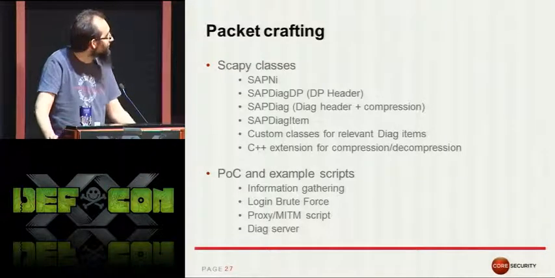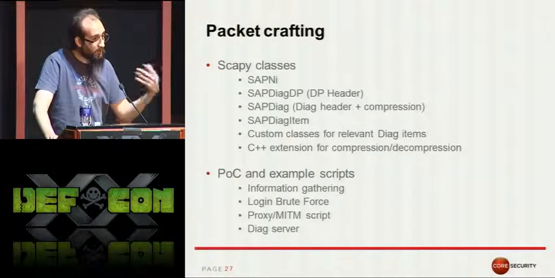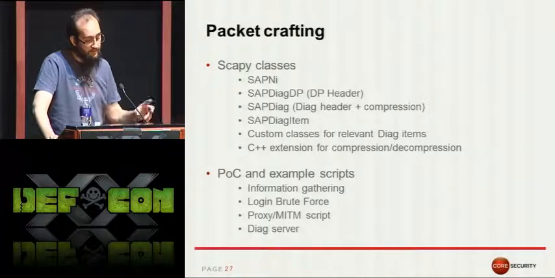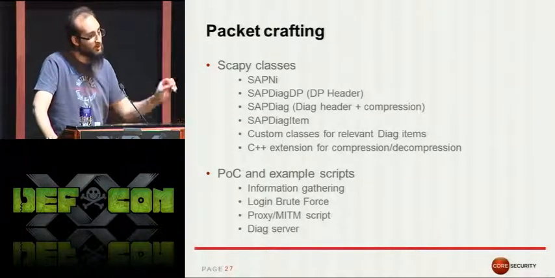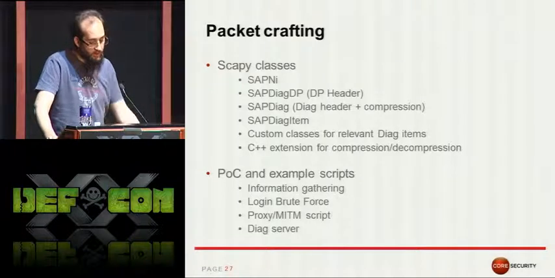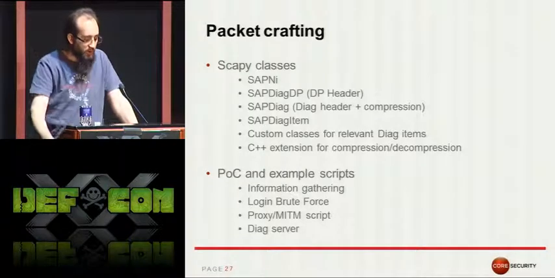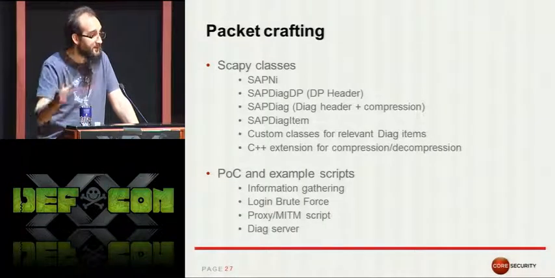So there are 4 main classes: the SAP Network Interface class, another class for the Diag DP header, the main one for the Diag protocol, which is the one that handles all the compression, and one class for Diag items. Some custom classes are included for the relevant items, but you can also create different classes for the different items.